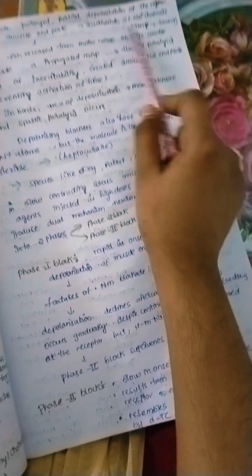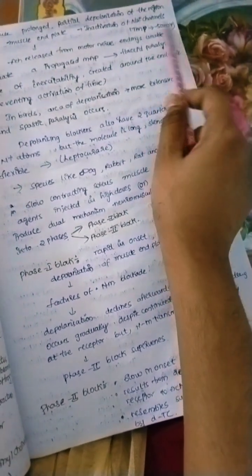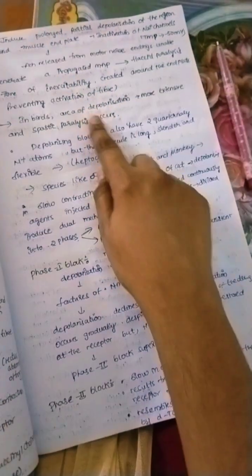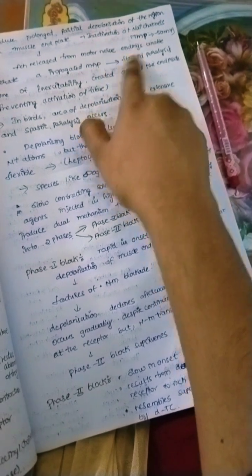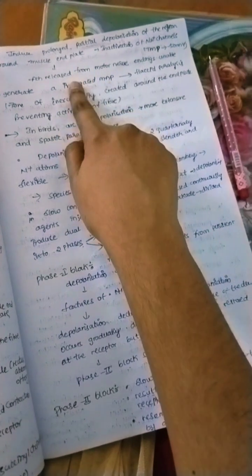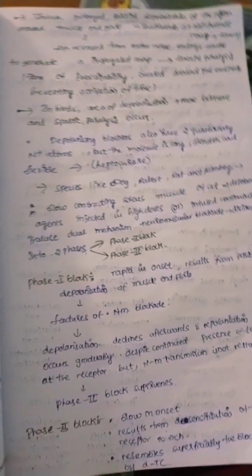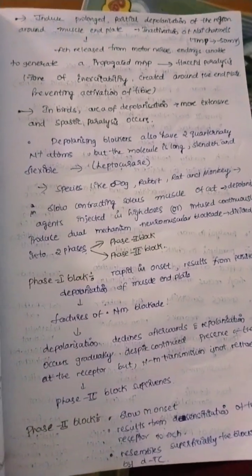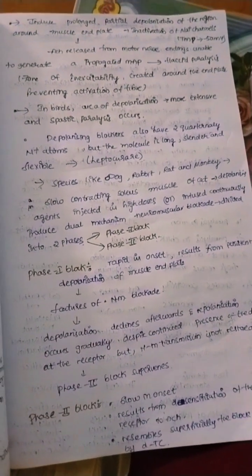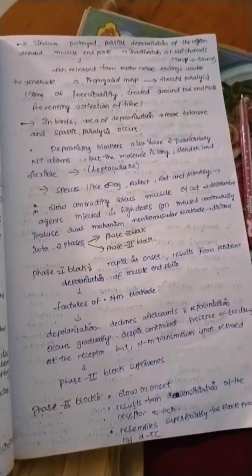Due to the repeated prolonged depolarization, they will attain a tolerance-like state. Normally the transmembrane potential, TMP, is minus 70 to minus 90. Now it is dropped to minus 50 millivolts, so inactivation of sodium channels is occurring. Acetylcholine released from the motor nerve endings is unable to generate a propagated muscle action potential, so flaccid paralysis is occurring, and weak muscle contractions.